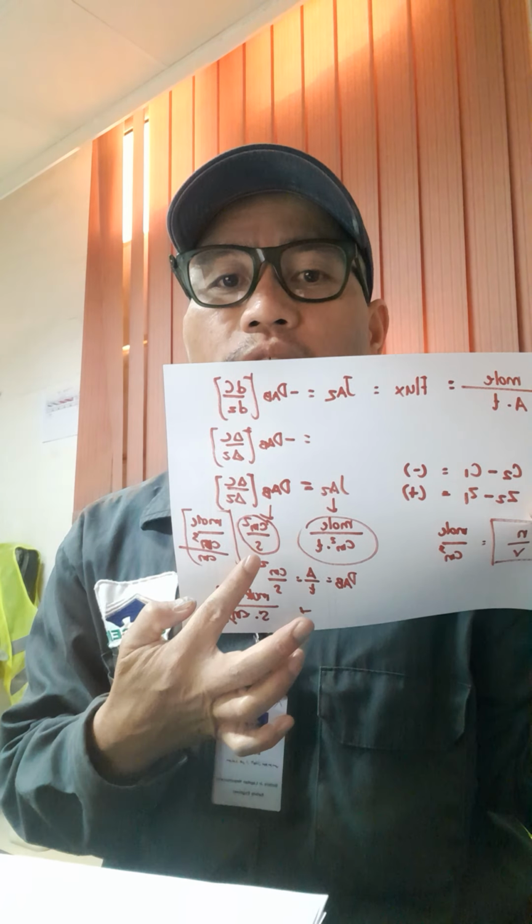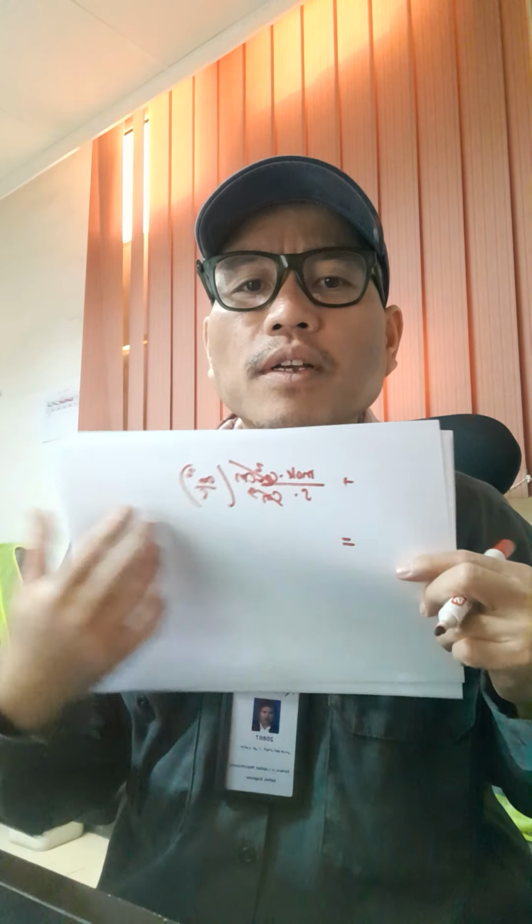After this, we multiply by the diffusion coefficient, centimeter squared over second. The one unit cancels, and our answer will be mole per second centimeter squared.